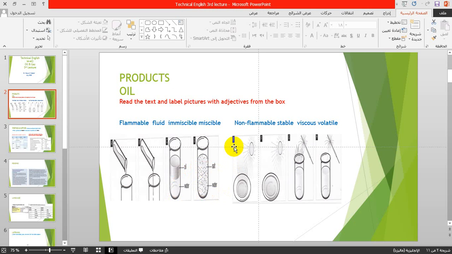Okay, number E is volatile. Number F is stable. And number G is flammable. And the last one is non-flammable. So these are the properties of the picture here, illustrations as like this.